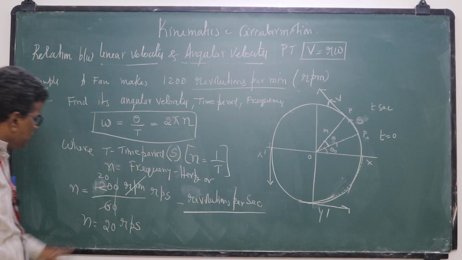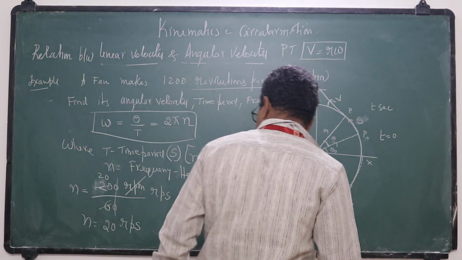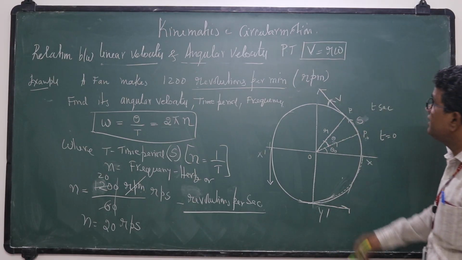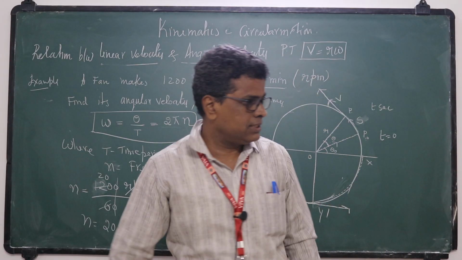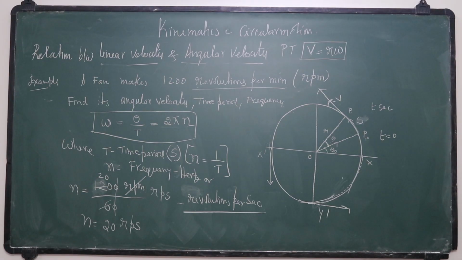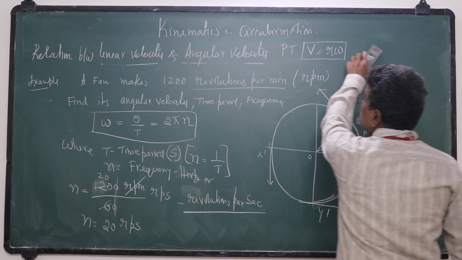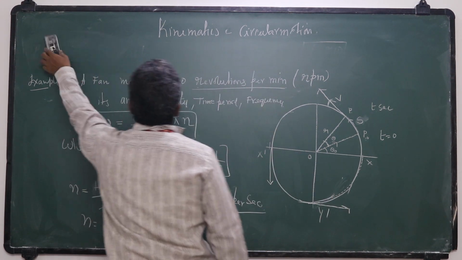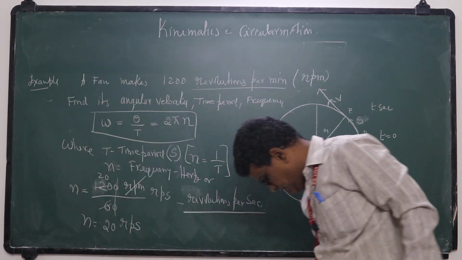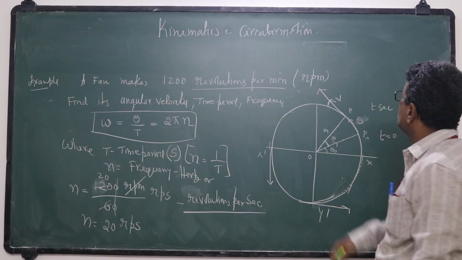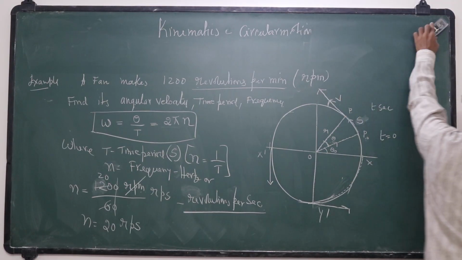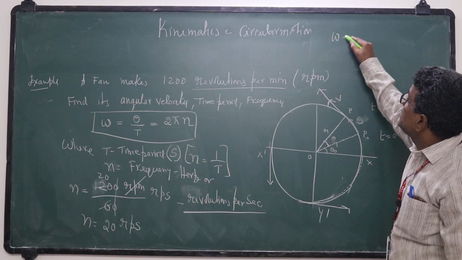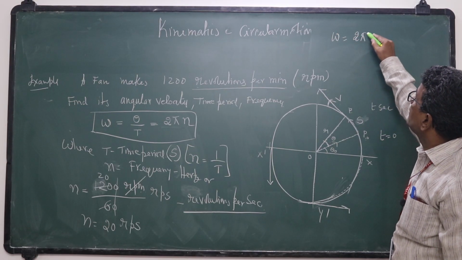Now, this is RPS. Now, I want its angular frequency. Angular frequency is given by omega is equal to 2 pi n.